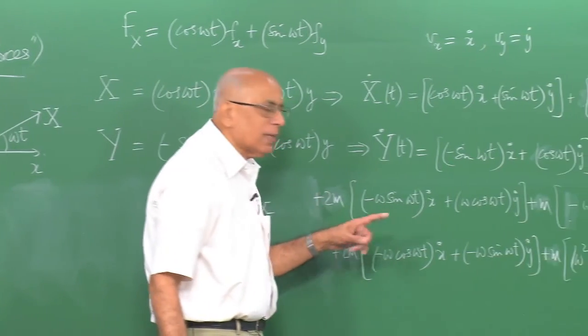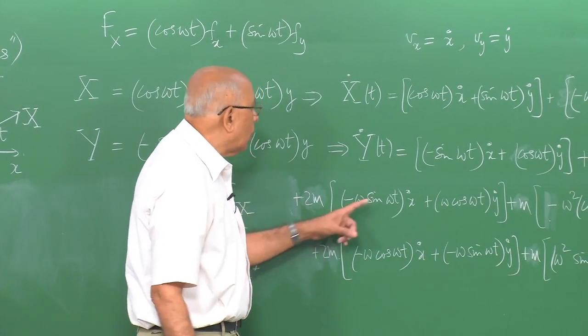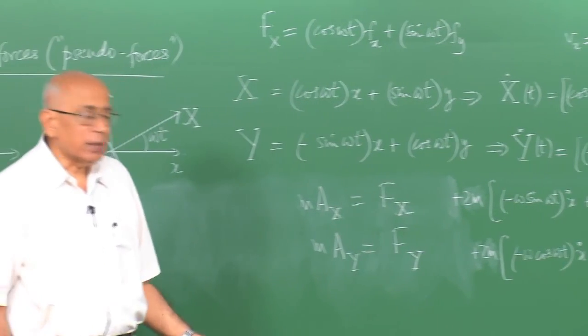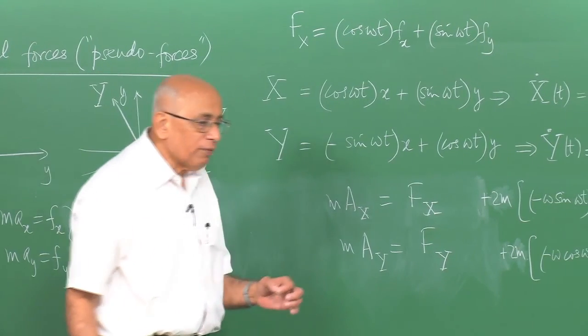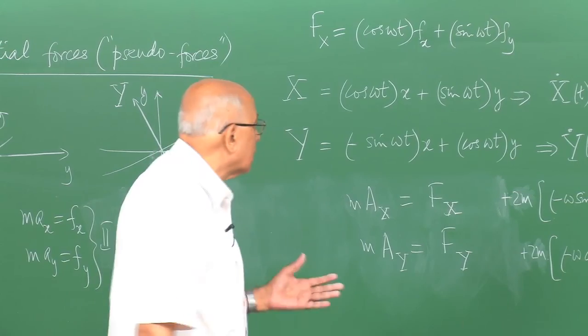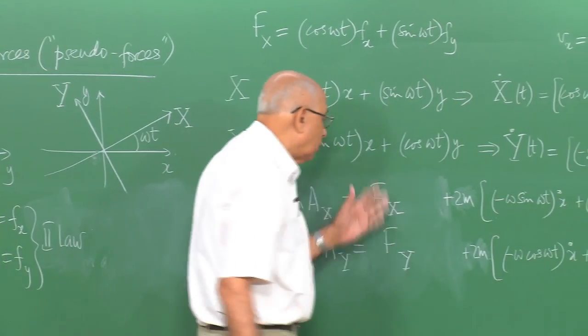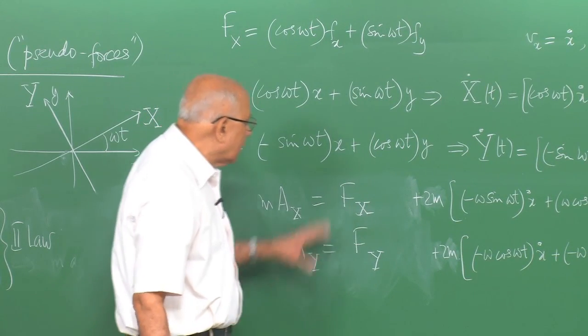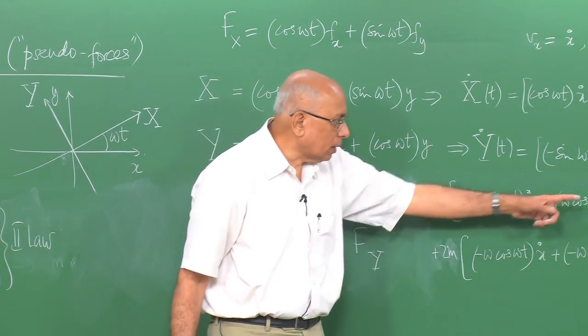They arise entirely from the fact that these coefficients in the expansion are time dependent and we have to differentiate them. Although there is no physical agency that produces these forces, for instance if F sub x is some kind of force which arises due to electrical charges, there is no such agency which produces these terms.